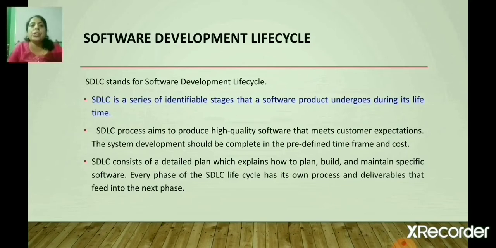Every phase of the SDLC lifecycle has its own process and deliverable that feeds into the next phase. Means in SDLC every phase should complete, then it will go to the next phase, and each phase has its own deliverable as output which is fed as input to the next phase.